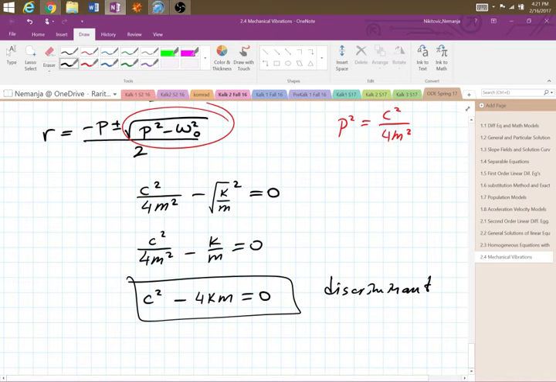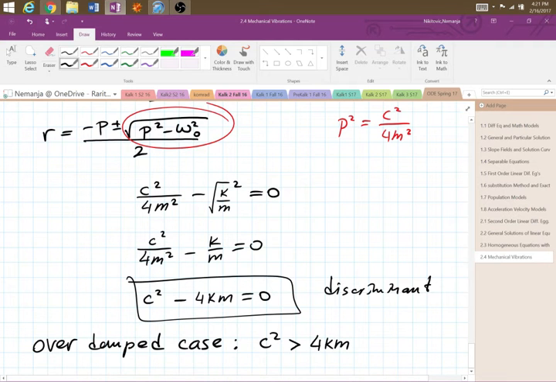So we have the overdamped case, where c squared is larger than 4km, and that will spawn real solutions.